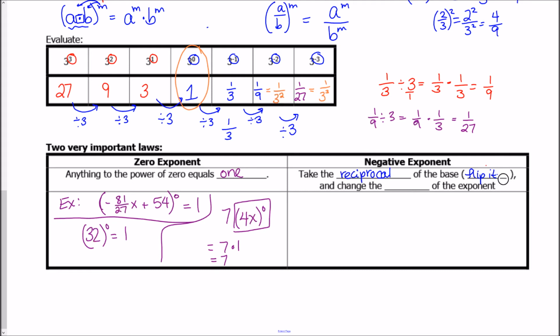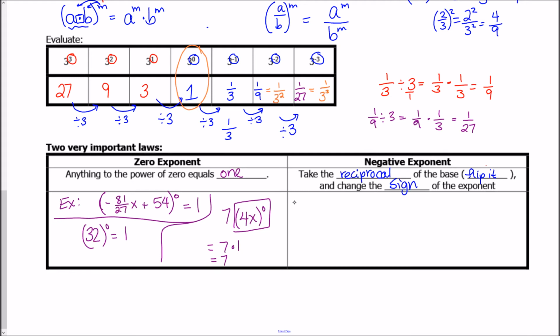And then we're going to change the sign of the exponent. So if you notice right here, our base was 3. We did the reciprocal of 3, so we did 1 over 3, and then we made the exponent a positive 2 instead of a negative 2, okay? Now the way I wrote it out here is mathematically correct, but I'm going to actually have you guys write it out slightly differently in our examples over here.